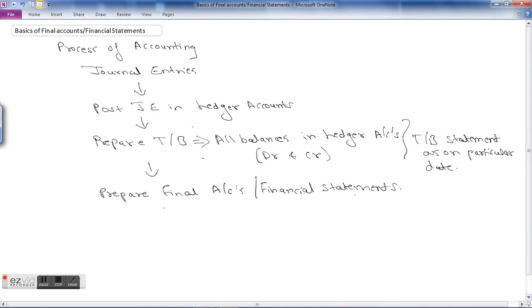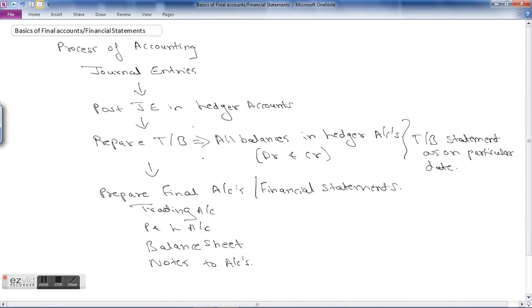This includes your trading account, your profit and loss account, your balance sheet, and notes to accounts. Notes to accounts is an explanation to your financial statements, giving clarifications on certain things in them. So this is the process of accounting.